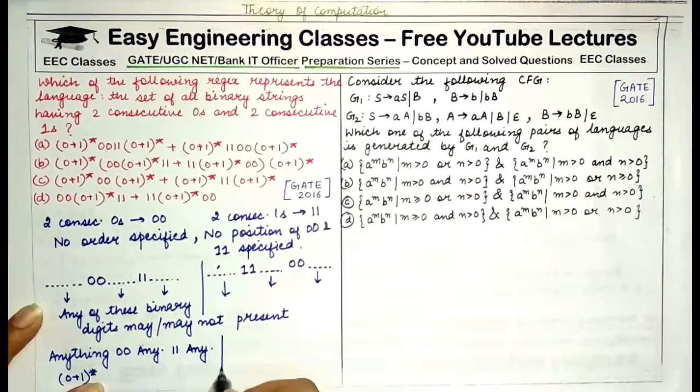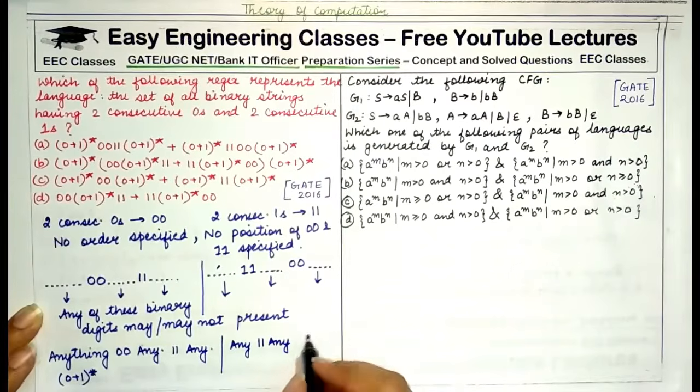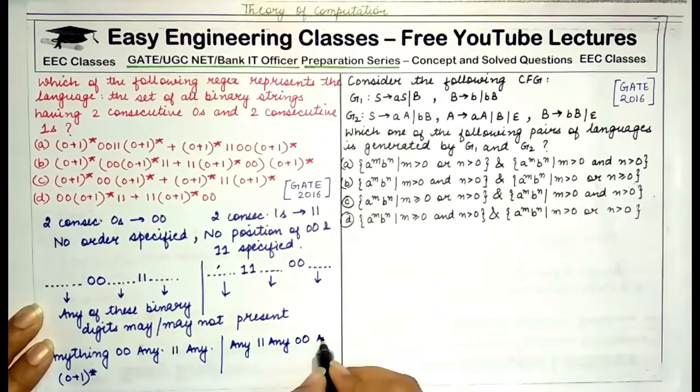Or representing the other string, any string from 0 and 1 followed by 11, then any string. See, here (0+1)* means lambda is also present, that means the null string is also present, and again anything.